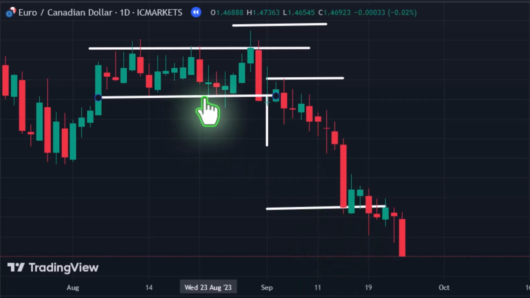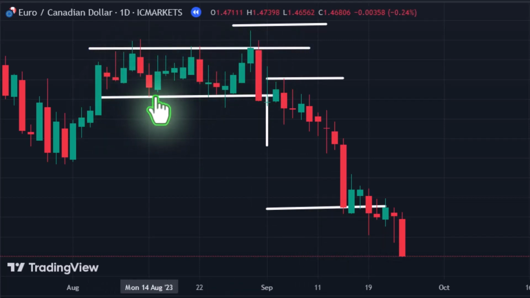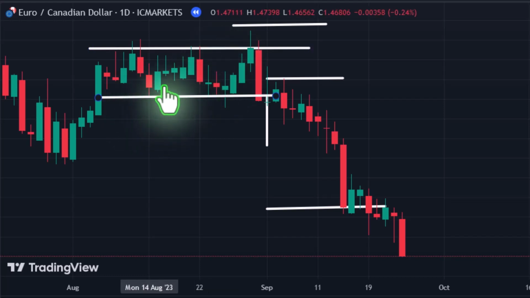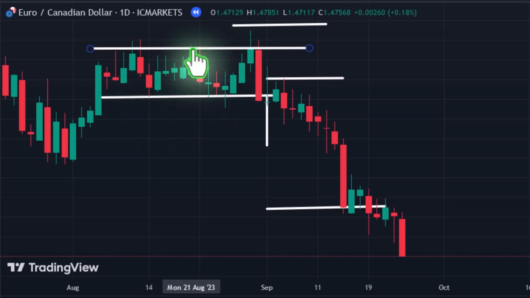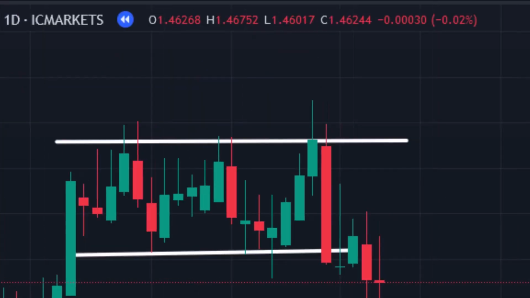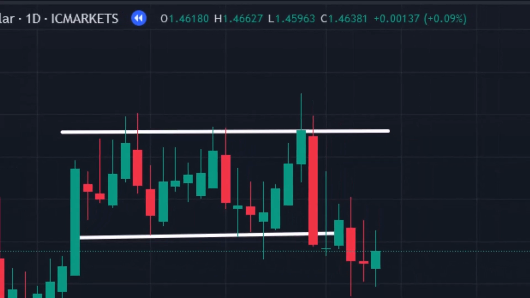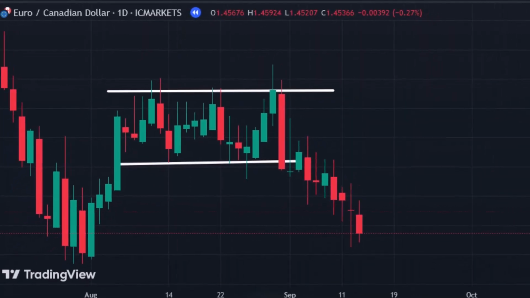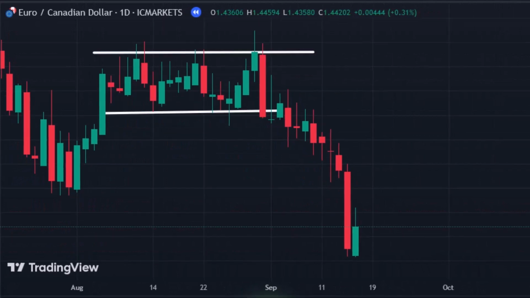So how do you trade this other than trading the breakout again? Like I said, you can either sell at the resistance level or buy at support and take your profit at resistance level. That's when you are trading in the range, in the consolidation zone. So if you are trading the breakout, you have to wait for the price to break above resistance or below support line.